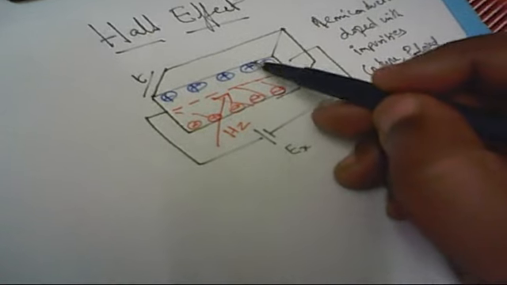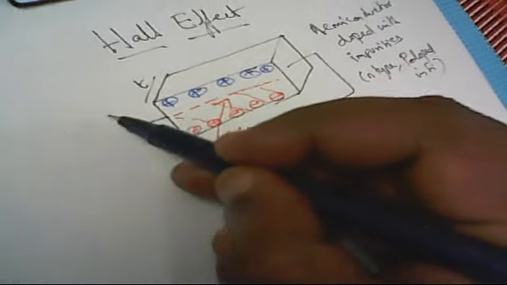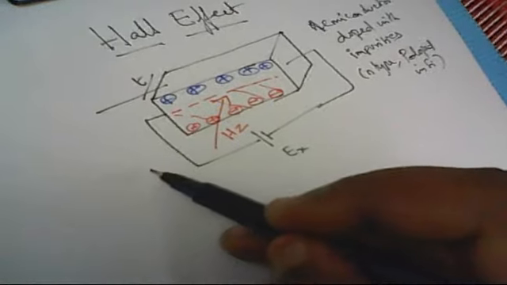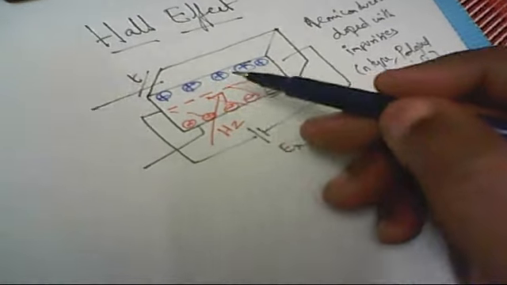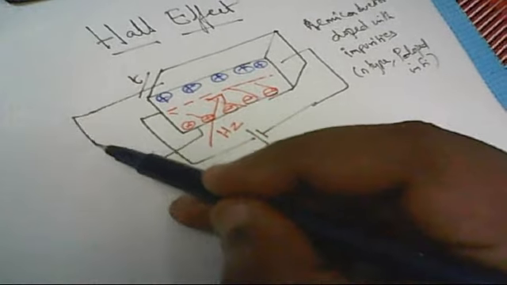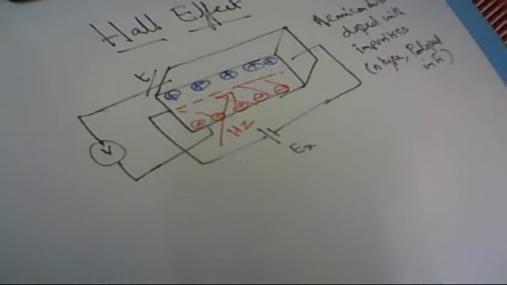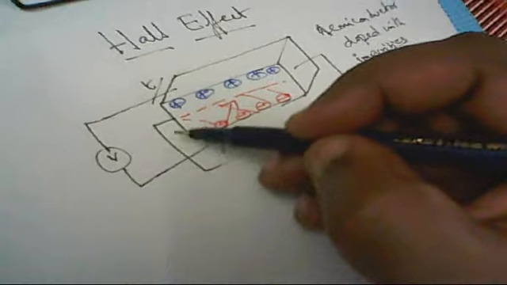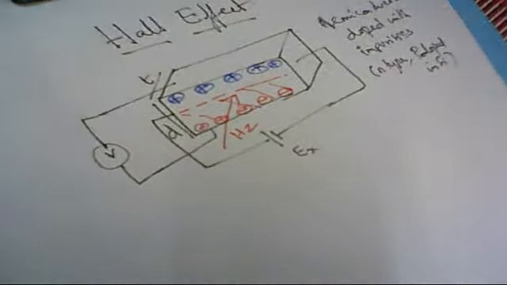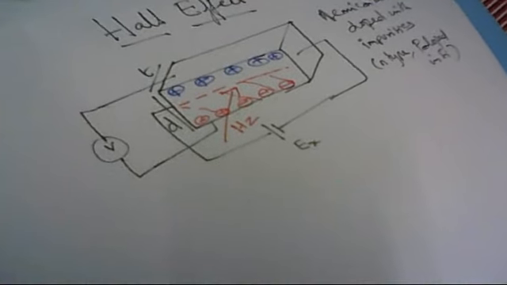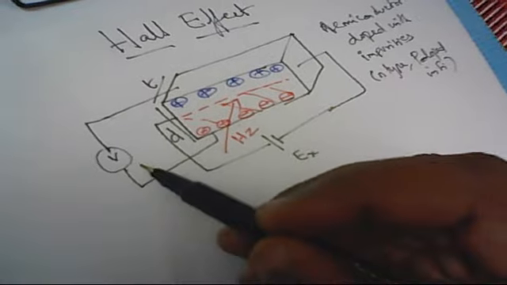So what happens is, if you measure a potential difference, if you measure a voltage across the breadth of the sample, we measure a voltage that is called the Hall voltage.